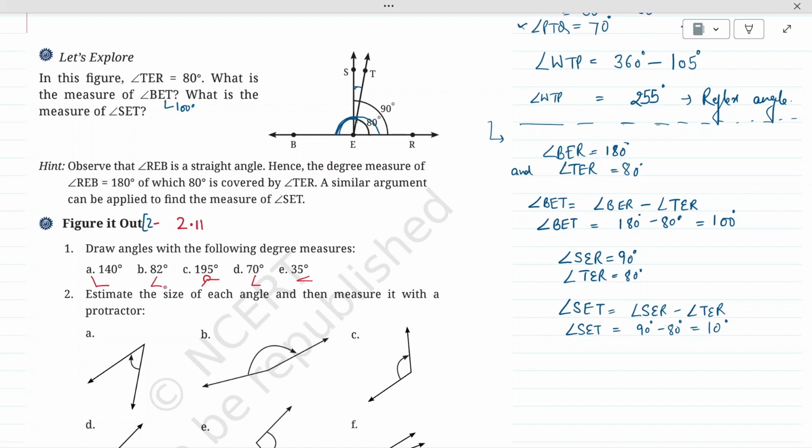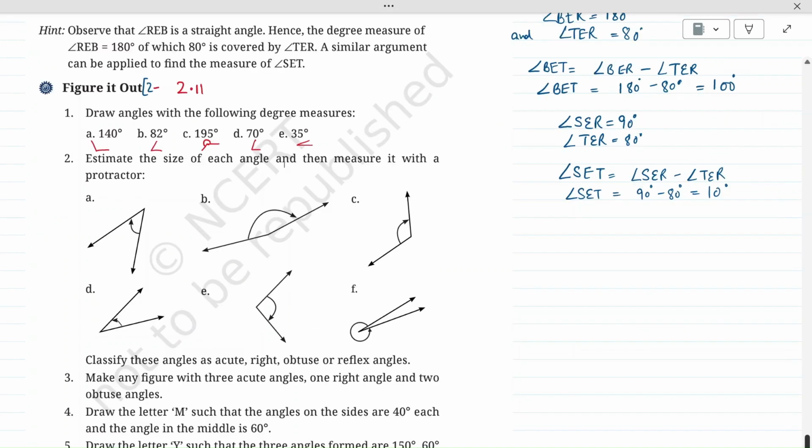You have to use your protractor and make this angle. First make a dot, then a straight line for the base in all the angles, and then you can see from the protractor where these angles lie. Next is to estimate the size of each angle and then measure it with the protractor. So kids, let's do it here. We have to take a protractor and measure these angles.